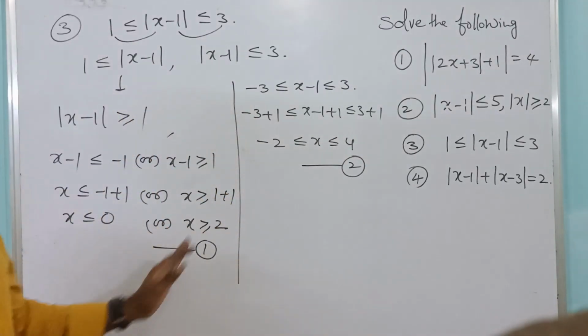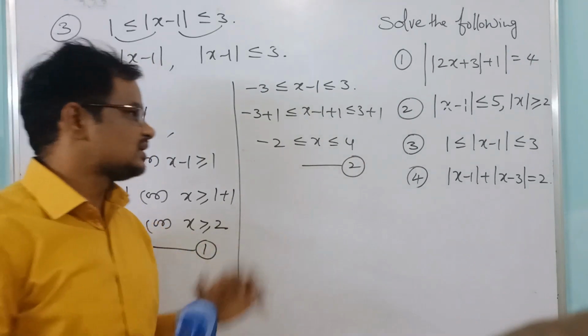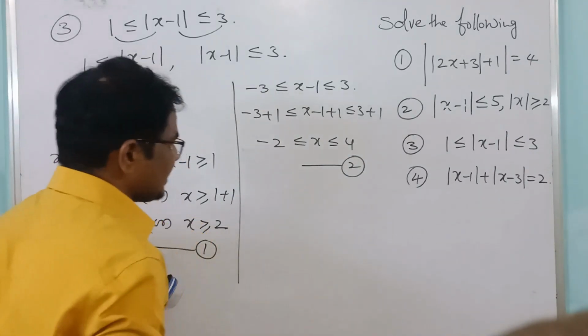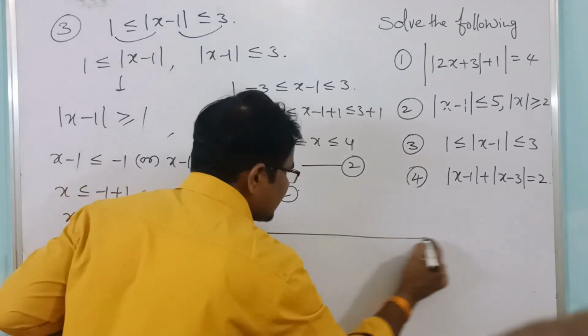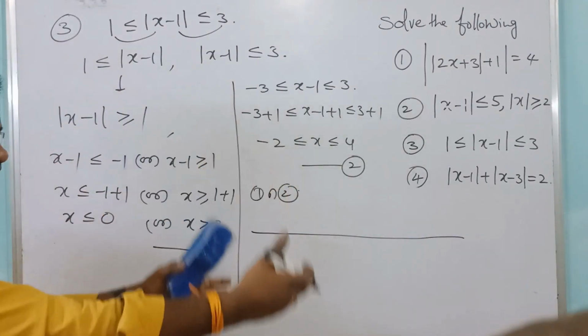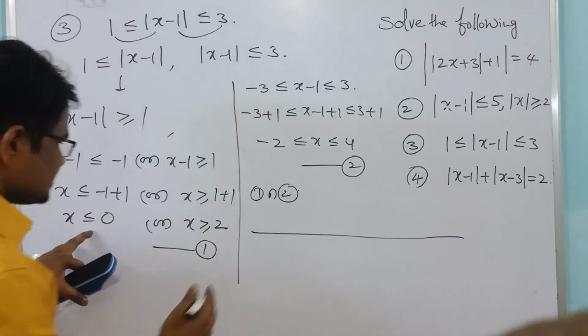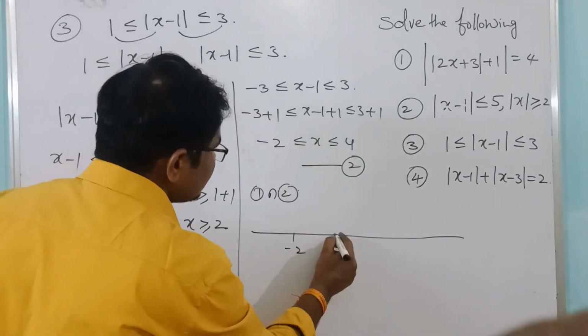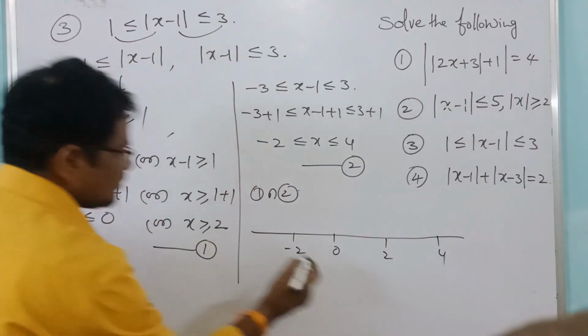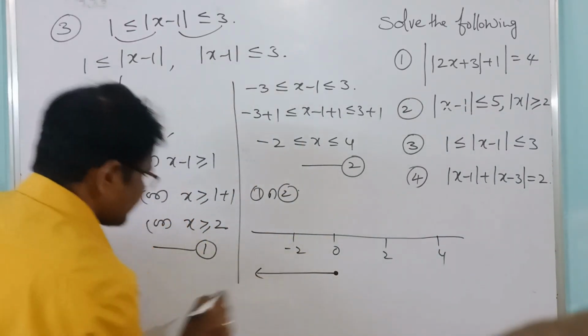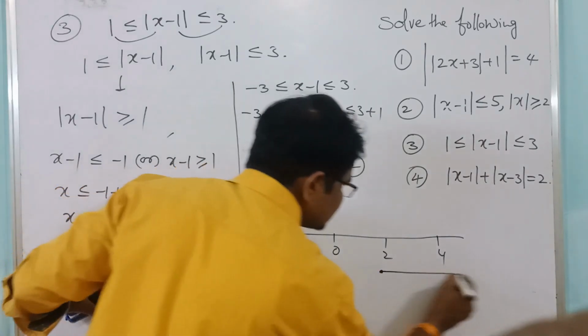Here also we have to take the common solutions of equation number 1 and 2. So 1 intersection 2. Here also take these values on a number line and find the common solutions. So this is minus 2, here is 0, 2 and 4. Less than or equal to 0 means this side. Greater than or equal to 2 means this side.